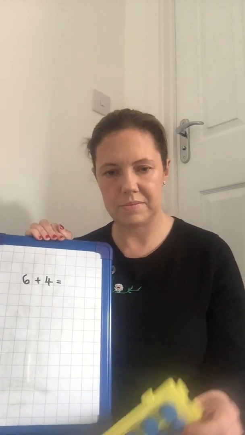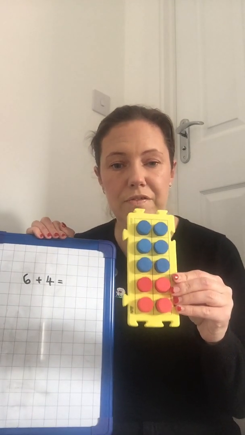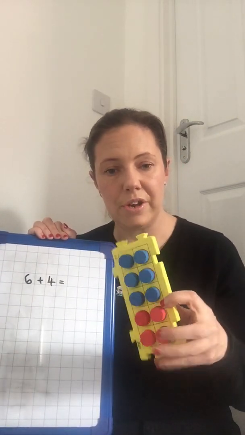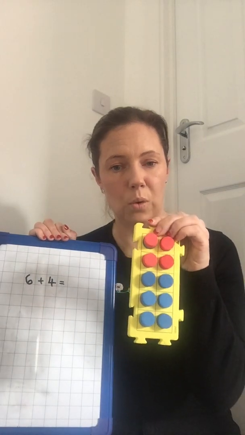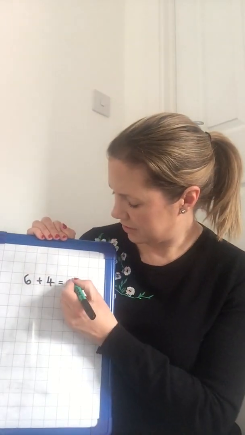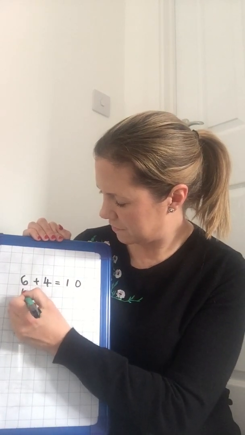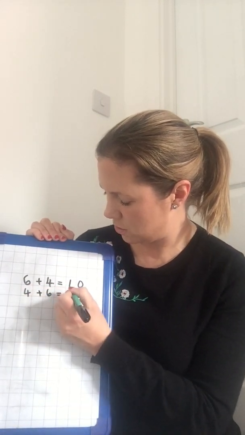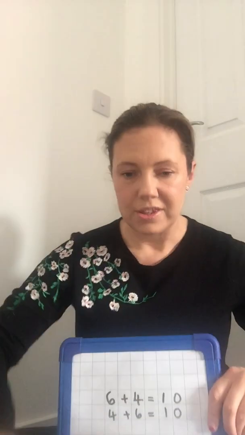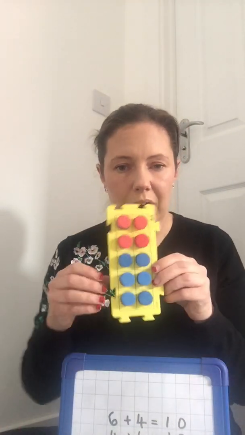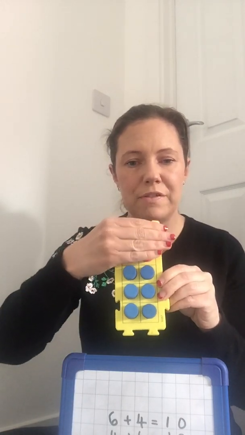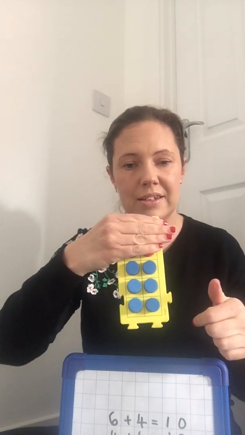Here we go. So there's our 6 and 4. Because I know that 6 and 4 equals 10, I also know that 4 and 6 equals 10. So I'm going to write both of those down on here. 4 add 6 equals 10. But because I know that the 6 part and the 4 part make 10, I know that 10 take away the 4 part will leave me with 6.